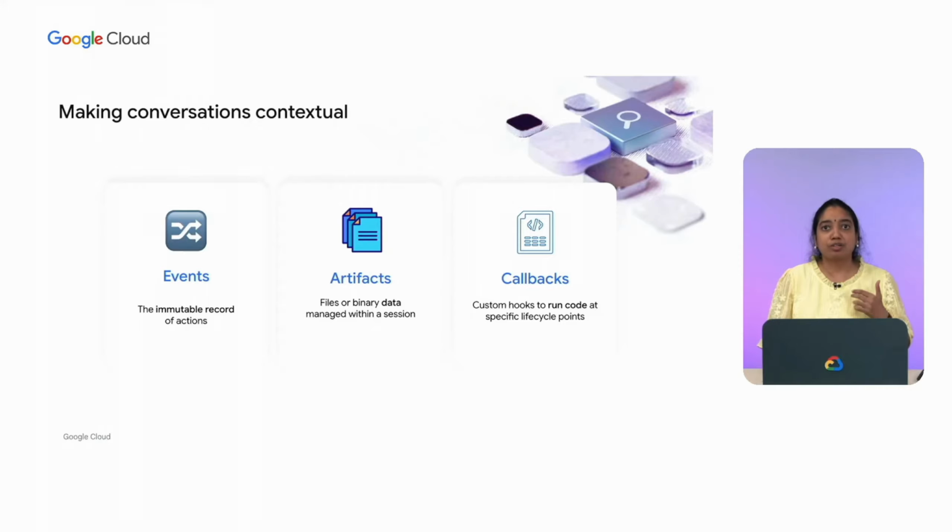It captures user messages, agent replies, requests to use tools, etc. An artifact in ADK is a managed resource representing a specific file or binary object associated with a session. It could be any PDF document, generated images, or audio files, anything like reports. A callback in ADK is a developer-defined hook representing a specific intervention point within the agent execution lifecycle.